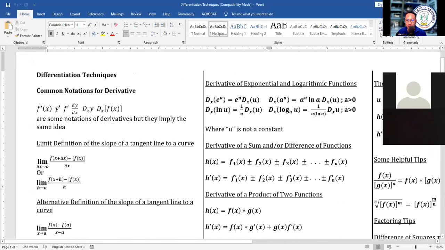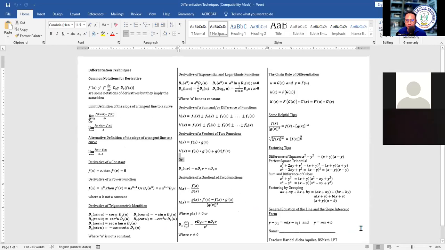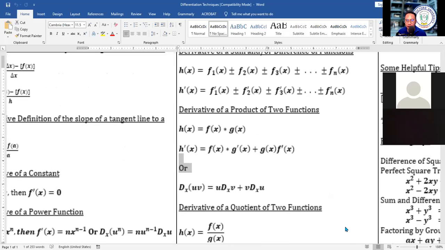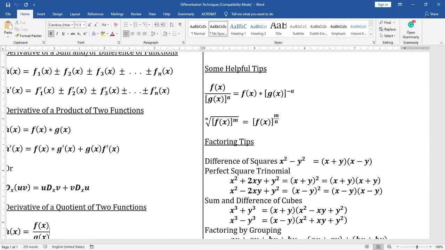And I also include here the factoring method. Look, this part here.